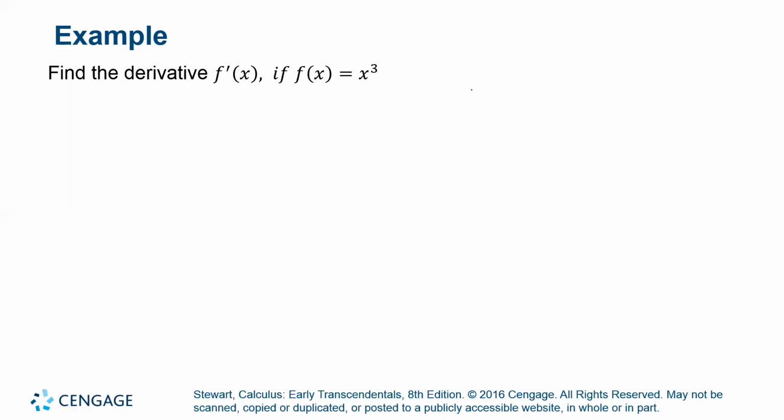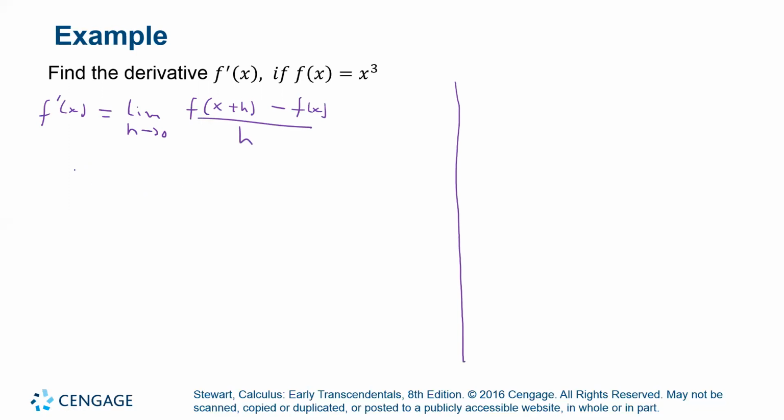So f prime of x is given by the limit as h goes to 0 of f of x plus h instead of a plus h, minus f of x, divided by h. Here f of x is x cubed. So I have to find the limit as h goes to 0 of x plus h, cubed, minus f of x, which is x cubed.